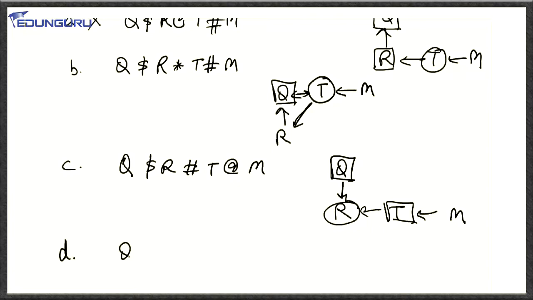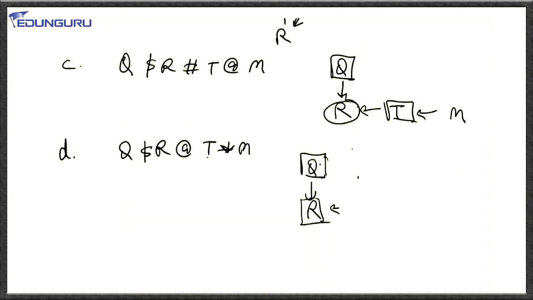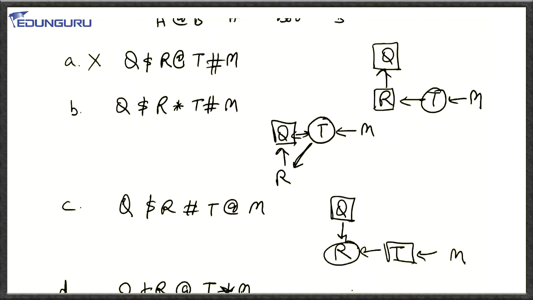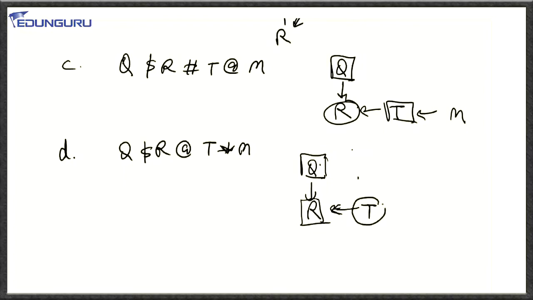Option D, Q $ R @ T * M. So, again we can say Q is father of R. R @ T, @ means brother, so R is brother of T, and T * M, * means daughter, so T is daughter of M. Now, T is daughter of M as well as daughter of Q, and Q is a male.